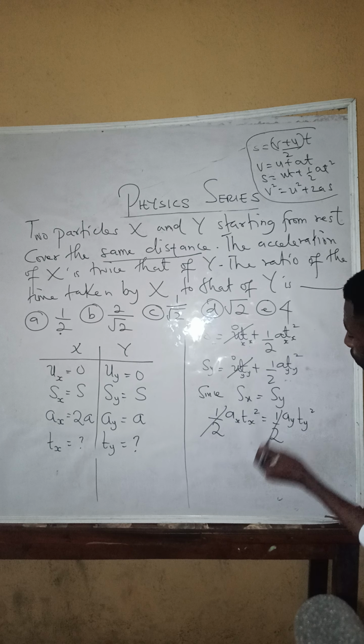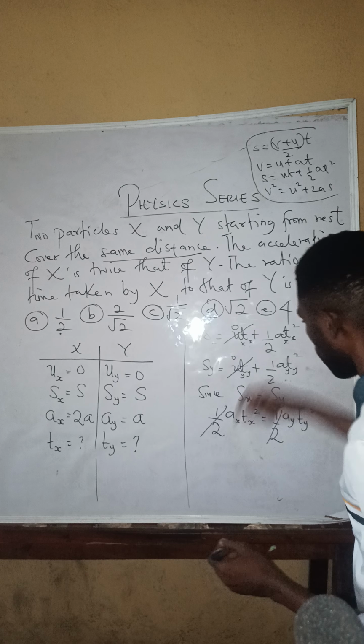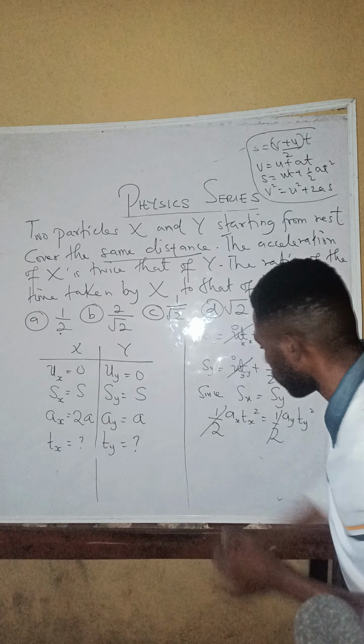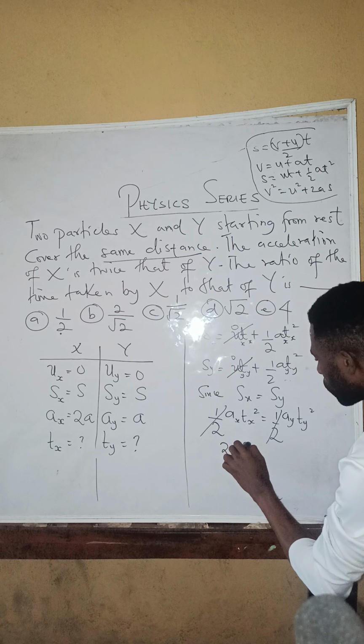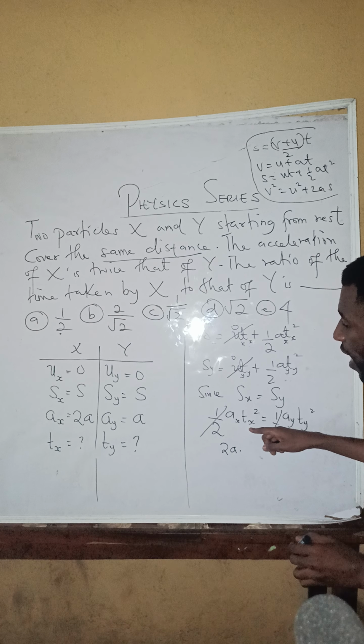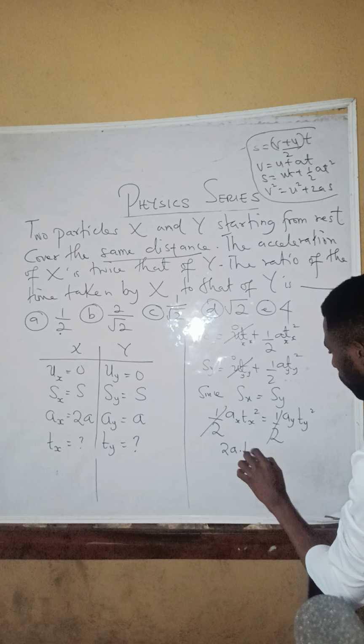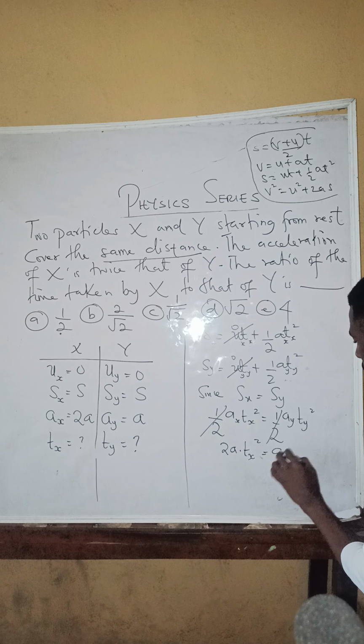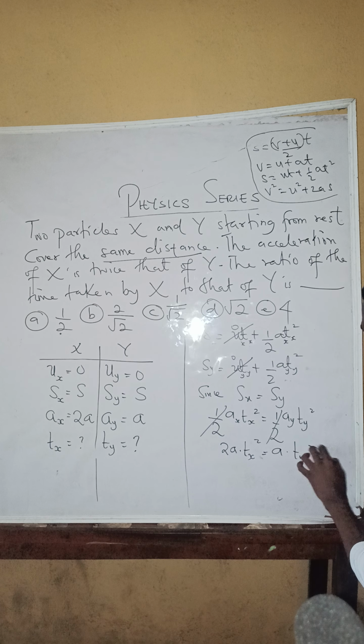So half and half cancel. Now what is remaining? AX, what is AX? 2A times TX, we don't know, so we have TX squared. What is AY? A. And we also have times TY squared.